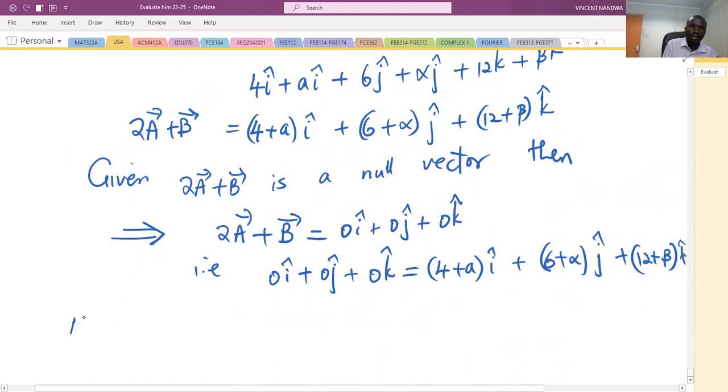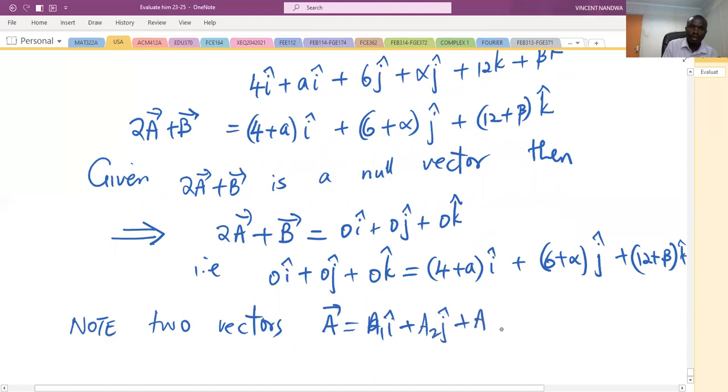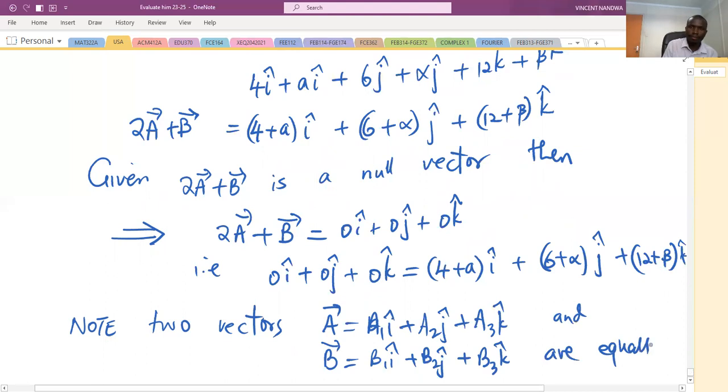So remember, just note that two vectors, a given by a1i plus a2j plus a3k, and b given by b1i plus b2j plus b3k, are equal if and only if all the corresponding components are equal.